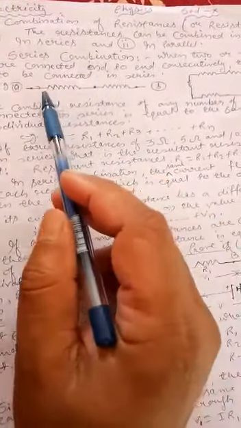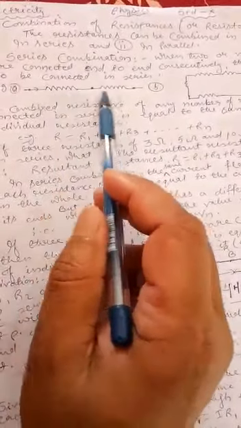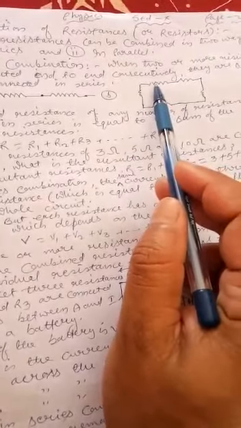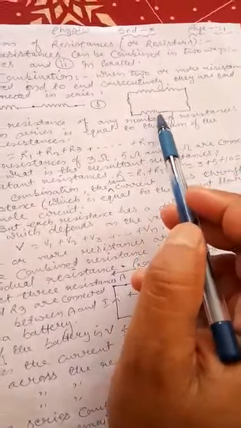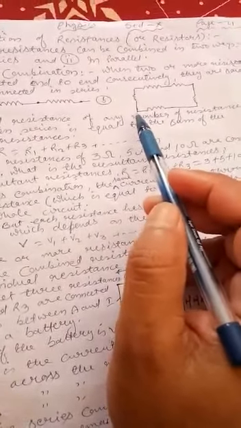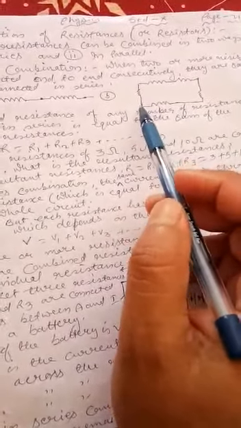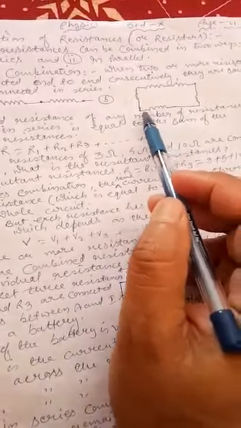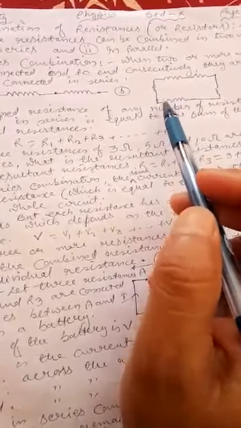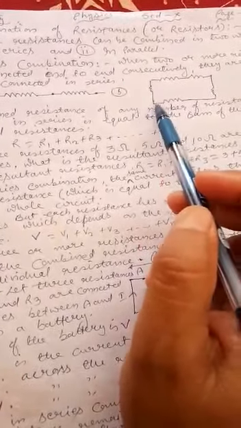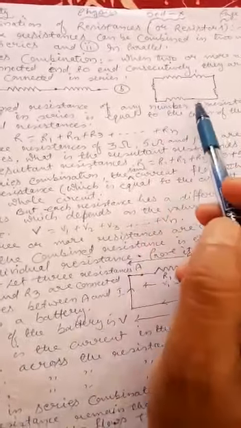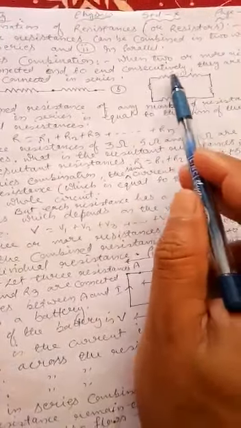These two are connected end to end, so they are in series. Again I have taken one resistance here, another here, second, third, fourth, fifth. This is also in series, because the current is not dividing anywhere. If it starts from here, it will go here, here, here, here, here. So it is an example of series.